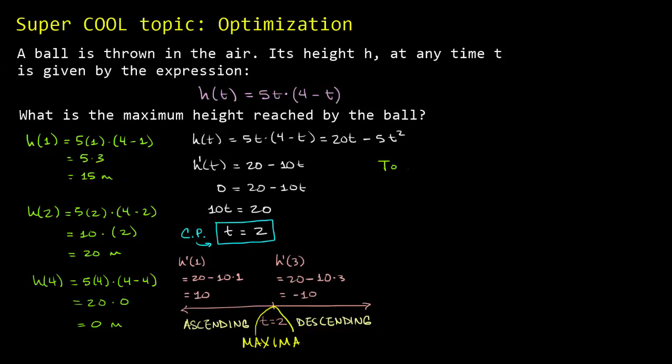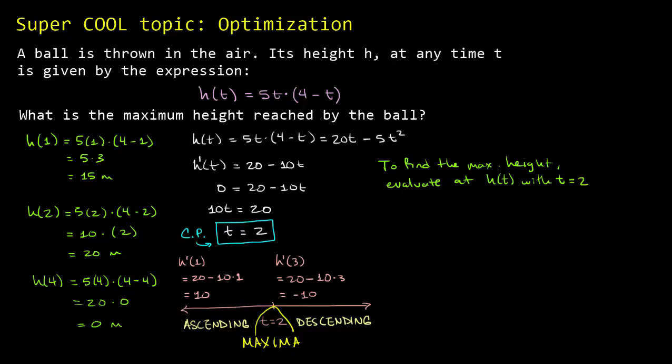So to find the maximum height, evaluate h of t with t equal to 2.